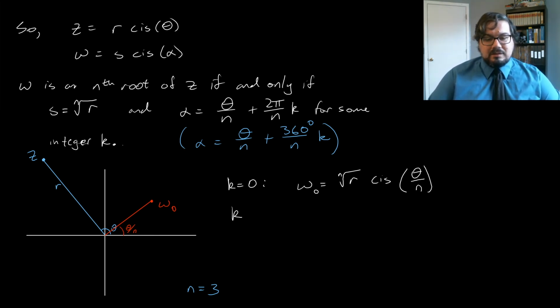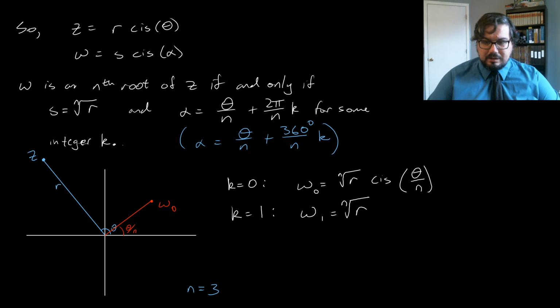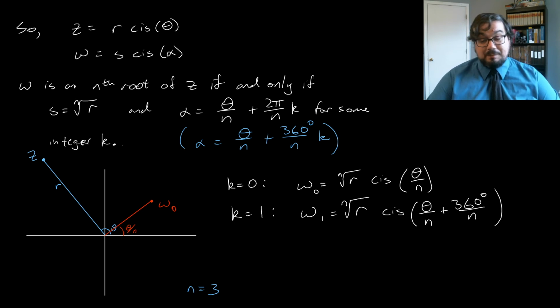Then let's look at k equals 1. That's going to give us W1, which is the nth root of r times cis of theta over n plus 360 degrees over n times 1.